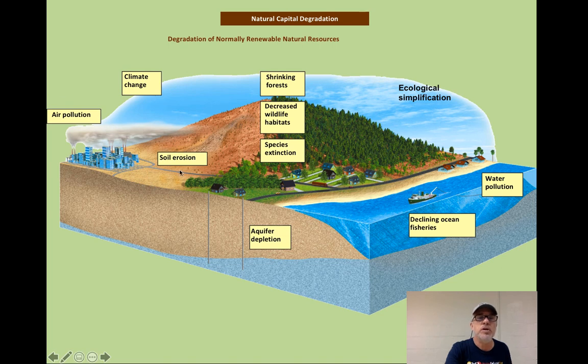Air pollution, soil erosion, shrinking forests, loss of ecosystem habitats, species extinctions, depletion of underground water reservoirs, declining fisheries, water pollution, and this one, ecological simplification. So there are examples of natural capital degradation that humans are bringing about, and this course will provide you with example after example after example of just that issue.